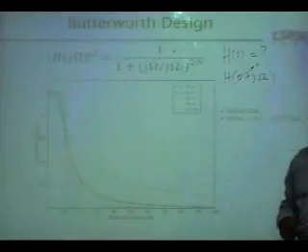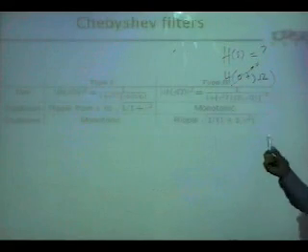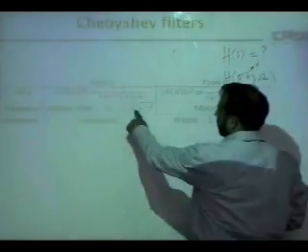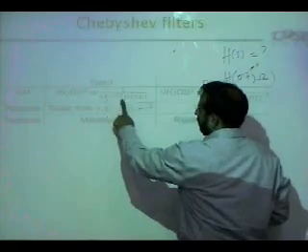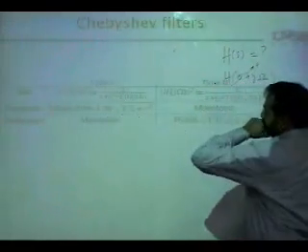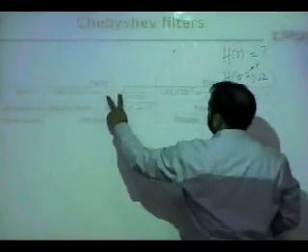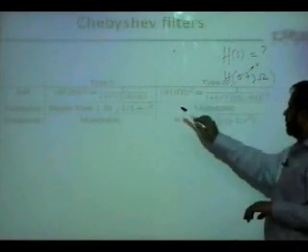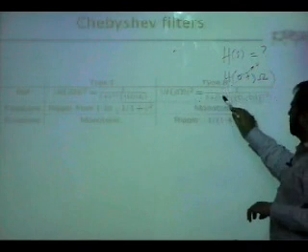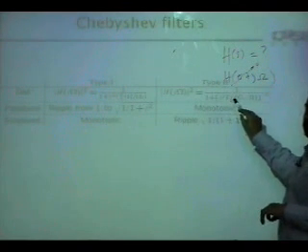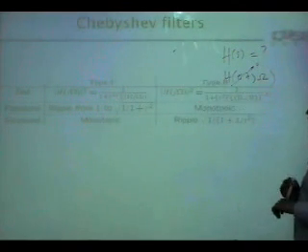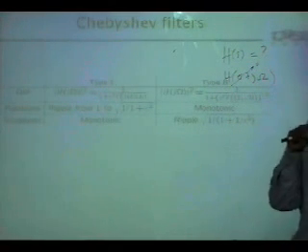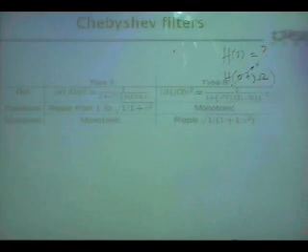Similarly, after this, people have come up with others. The only difference between them is that here you find a few more factors, epsilon, T, and this is for the type 1 Chebyshev filter, and this is the ripple it will cause, and this is the type 2 Chebyshev filter. So same kind of formula, but with a few more factors in it.